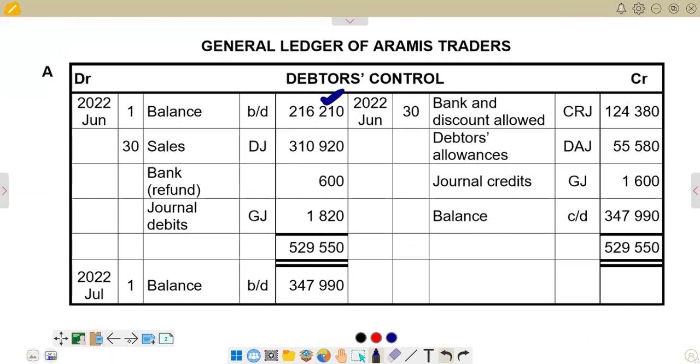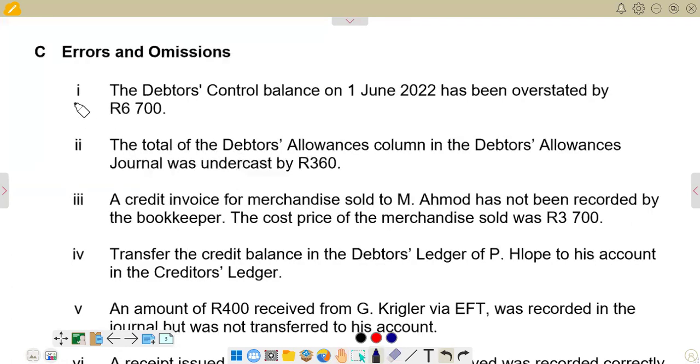On the first additional information that we are given, it reads that the debtors control balance of 1 June 2022 is overstated by 6,700. The keyword there is overstated. When something is overstated, it means a bigger figure than what was supposed to be put there was put.